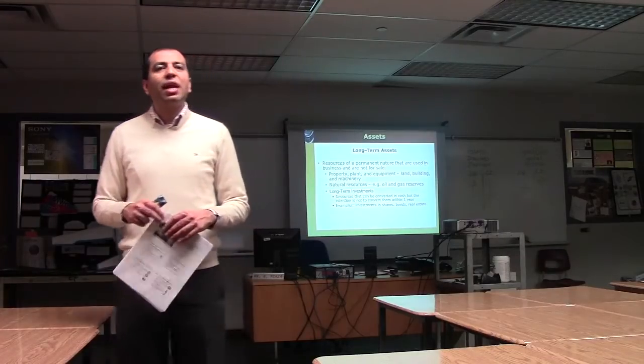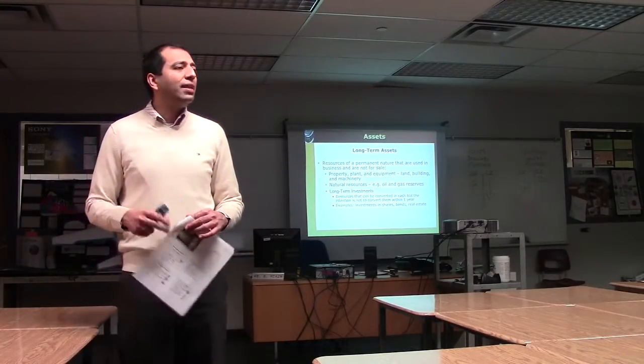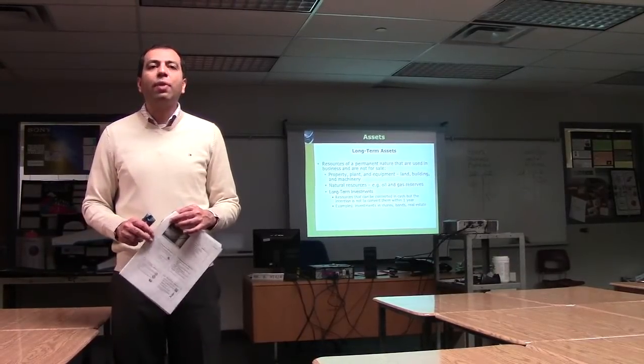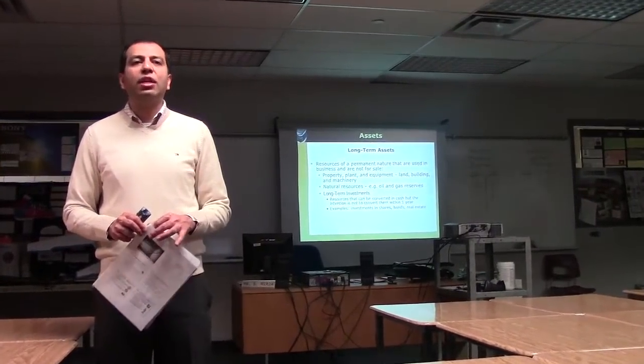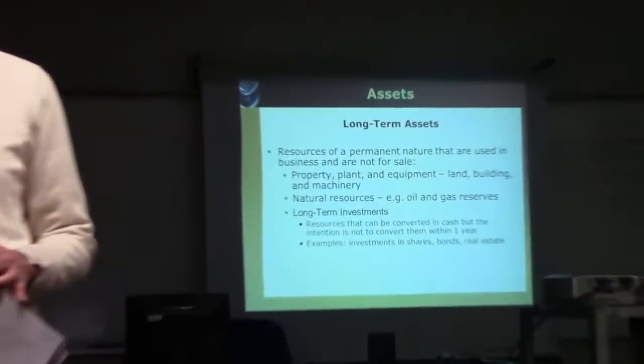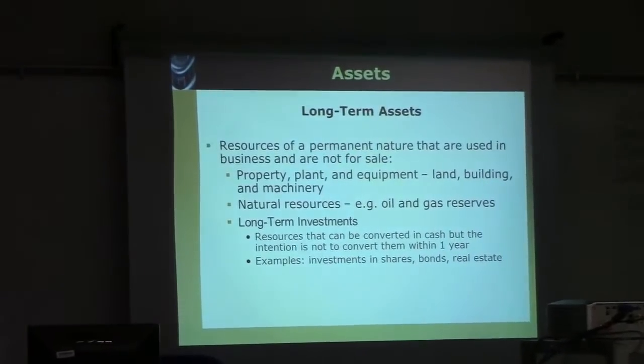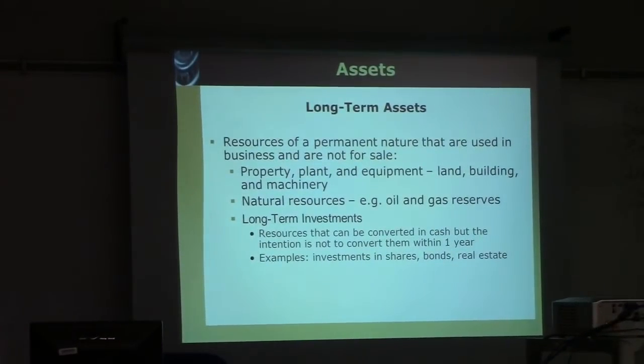Long-term assets can be named by the name that they have, the building, the cars, and so on. Usually when you open up a balance sheet, you will see one major asset called property, plant, and equipment. Property, plant, and equipment usually means land, buildings, manufacturing equipment, cars, and anything they have.